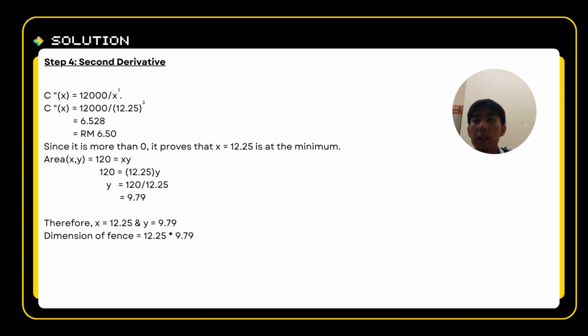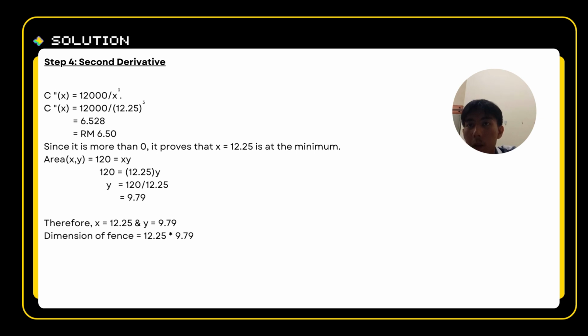Step 4, for the second derivative, we use this to find whether this function is maximum or minimum. So the calculation is in the whiteboard. C double prime of x equals 12000 over x cubed, equals 12000 divided by 12.25 to the power of 3, equals 6.528.